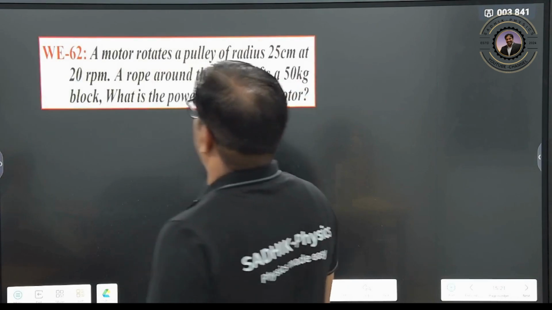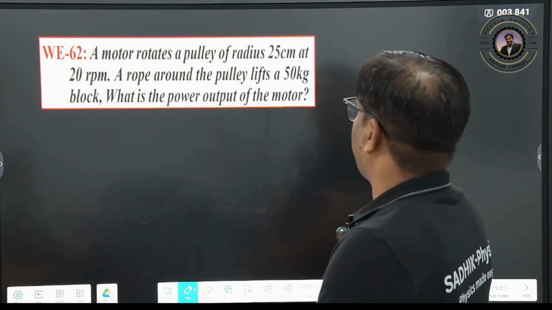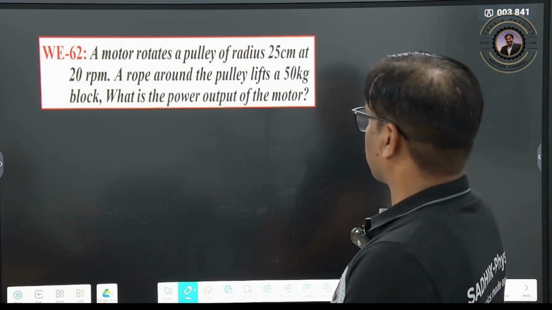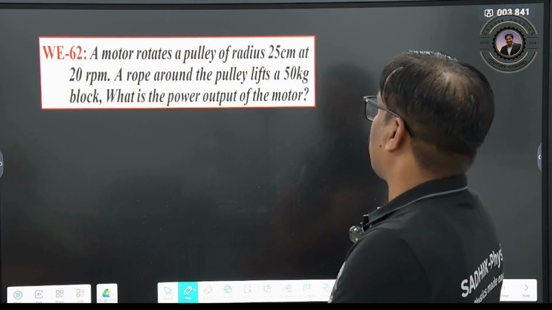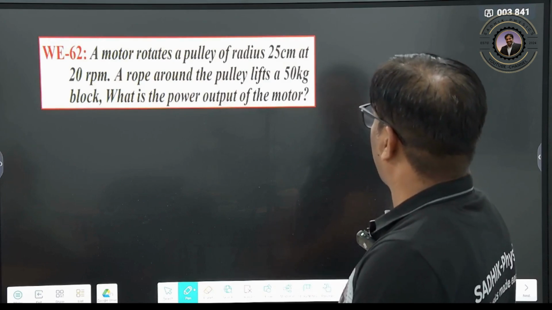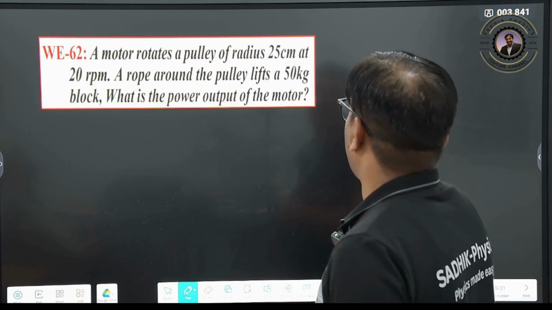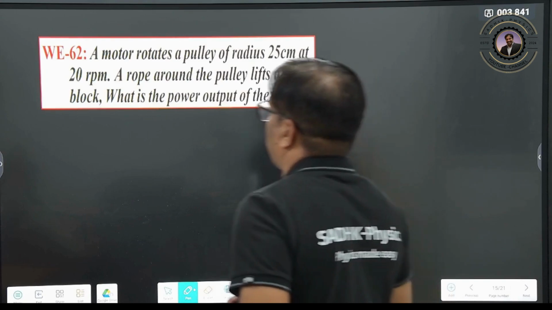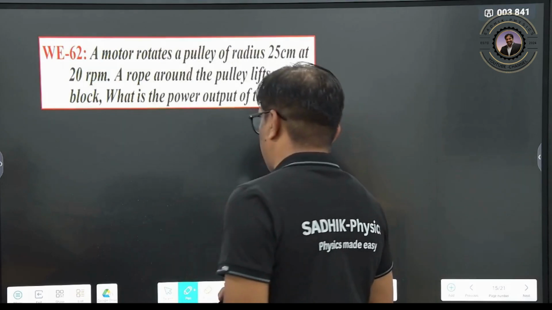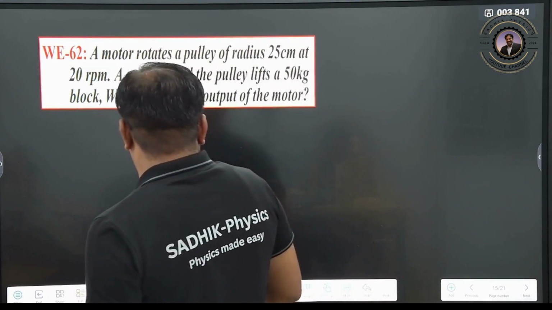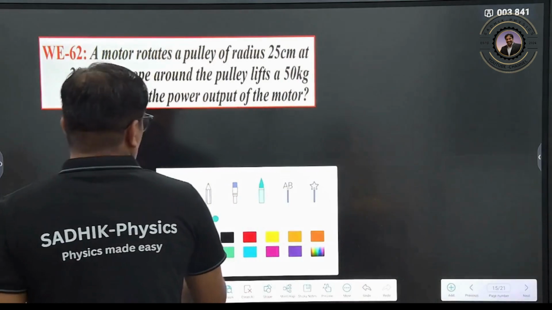There is a motor that rotates a pulley of radius, at 20 rpm. The rope is wound around the pulley and lifts a 50 kg block. What is the power of the motor? So what is the torque here?